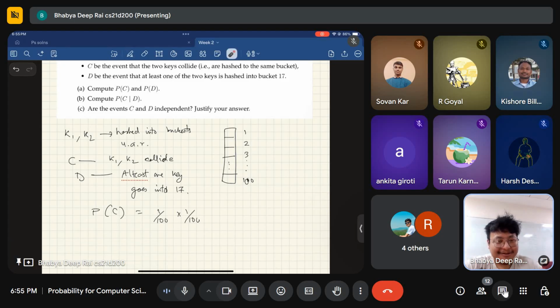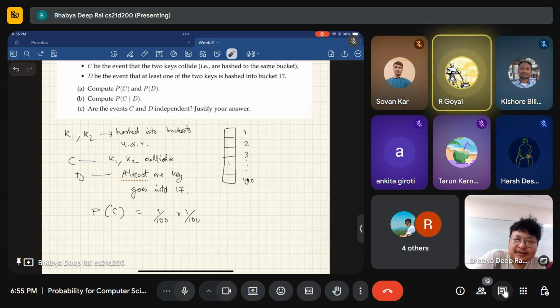Okay, this is not correct. Can you detect why? This would be the same even if both do not collide. Just drop any key into the 100 buckets, and the probability would be 1 by 100.